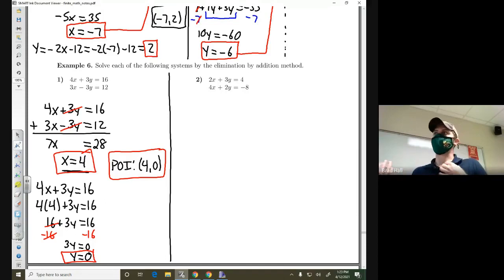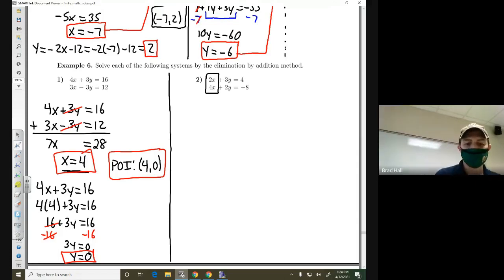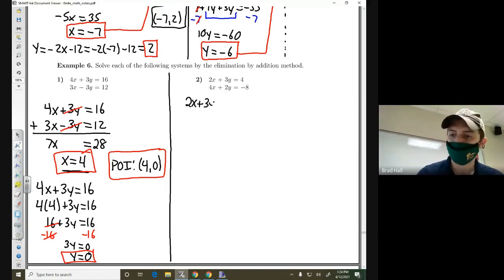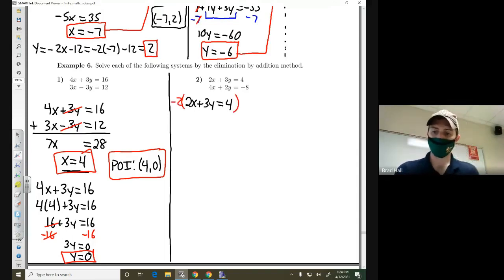Now, let's say I want to cancel the x's out. Well, I need to make one of these coefficients 2 and one of them -2, or I can make the top coefficient -4 and the bottom one 4, or any combination of that. So really, I'm going to multiply the top equation by -2, and I'm going to leave the bottom equation alone.